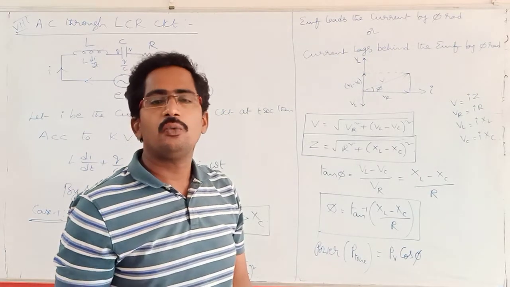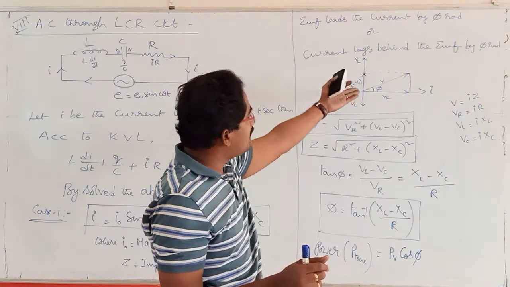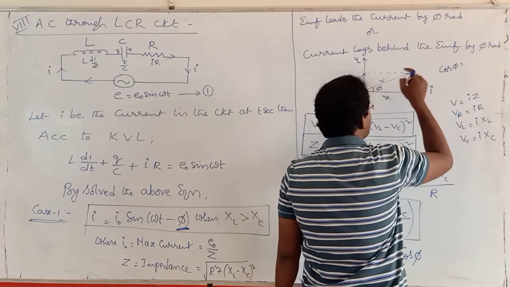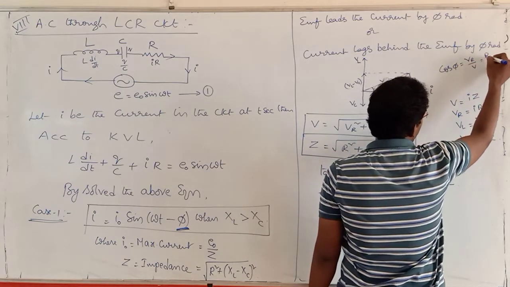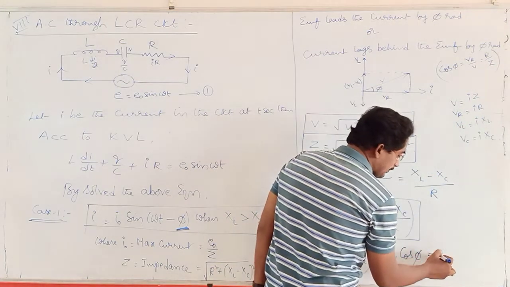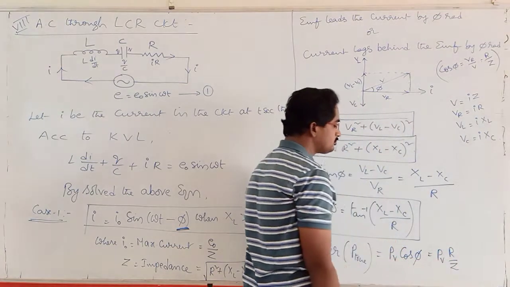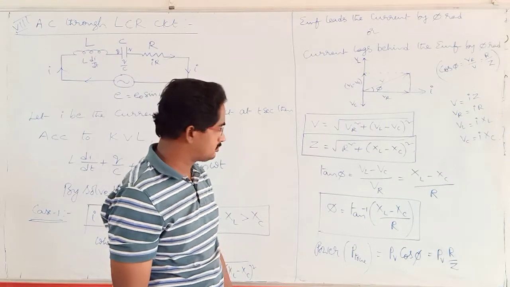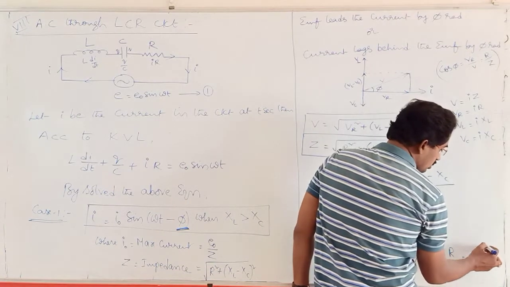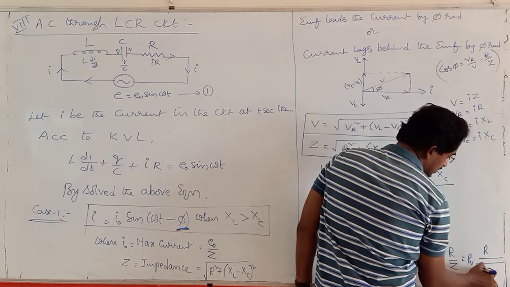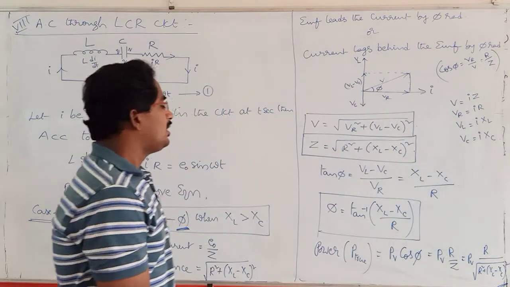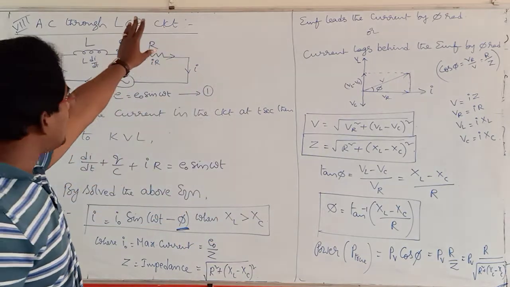Cos phi equals VR by V, that is R by Z. So PV into R by Z. Writing the Z value there, we get PV into R by root over R square plus (XL minus XC) whole square. That is the power consumed in this circuit.